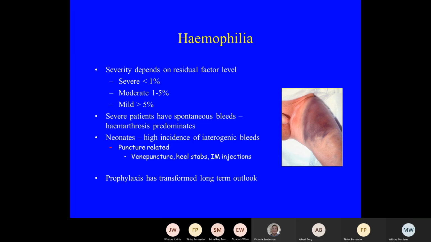But the neonates can have lots of problems with big bruises in venipuncture sites, certainly heel stabs, or IM injections. That's why when we have a potentially affected child because of positive family history, we tend to avoid all these things at all costs until we can clarify whether the baby is affected or not, if that hasn't been done antenatally. And now, obviously, we treat hemophilia with prophylaxis, which has significantly improved their quality of life over time. Next.